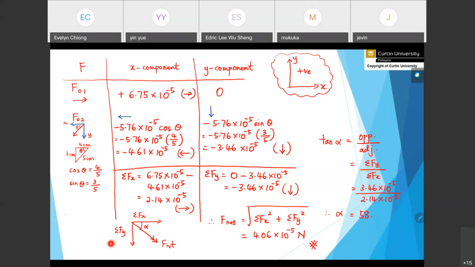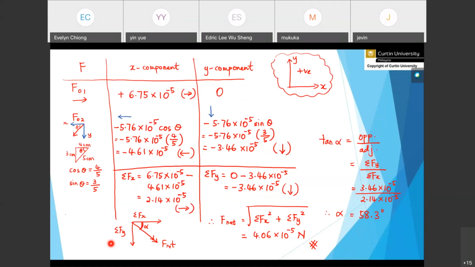About 58.3 degree. Okay, so it means that this angle here is 58.3 degree. Okay, all right. Any question?